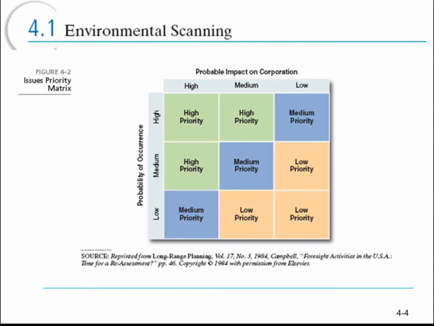And that once again would be pretty high. So that means both high probability and high likelihood of occurrence would put it right here in the top right-hand quadrant, which is a high priority issue. So when it comes to building out the company's strategies, that needs to be in there, how they're going to respond to that particular change, should it take place and when it takes place.